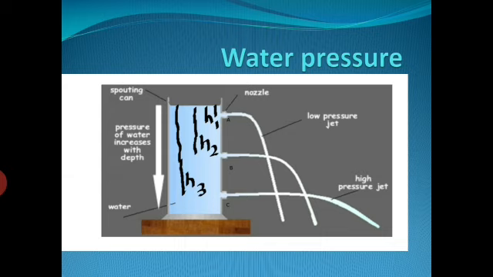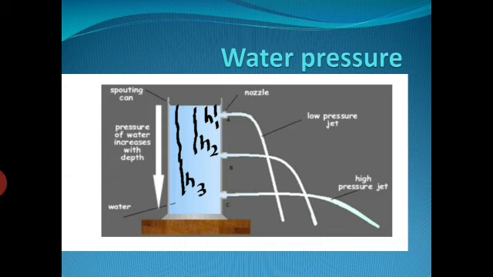From the upper layer of water to opening A, we call it height H1. This height is small, so the weight of the water is also less there. When the weight is less, the pressure will be less, and that is why you can see clearly that the water pressure is low at opening A.